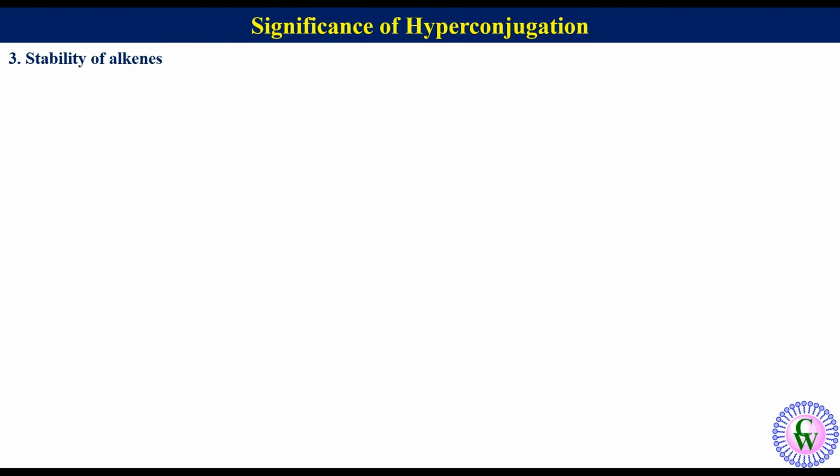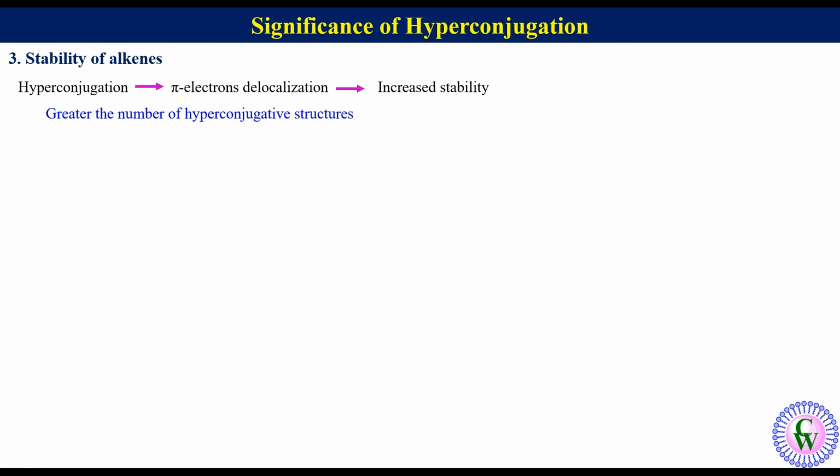Stability of alkenes. We have seen that hyperconjugation delocalizes pi electrons of alkenes and thus increases the stability. So, the greater the number of hyperconjugative structures, the higher will be the stability of alkene.